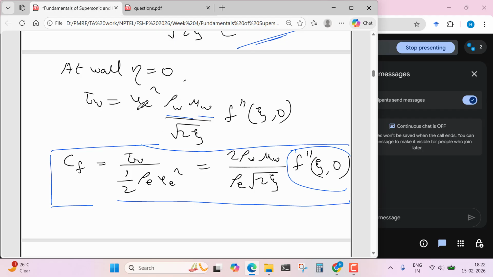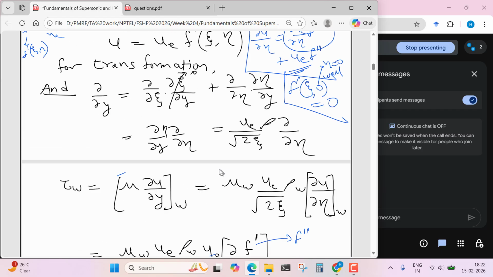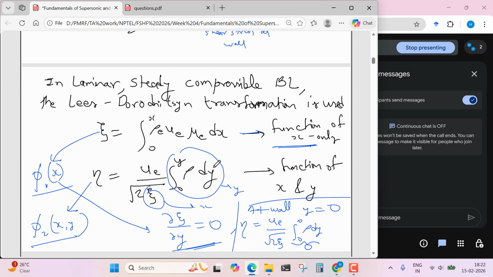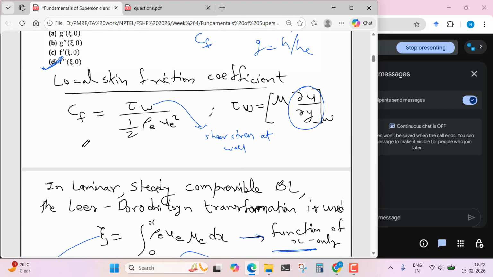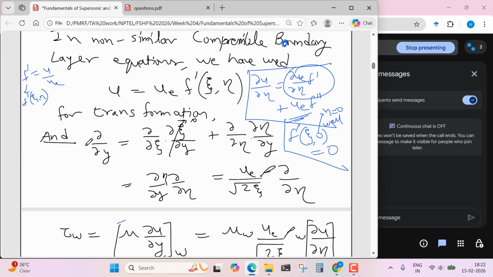If we divide by half rho e ue squared, the ue squared will cancel and it will come to 2 rho w mu w upon rho e root 2 xi, f double dash xi, 0. Now in the problem you see the options. There is an option with f double dash xi, 0, which will be the answer. Is there any doubt in this problem?